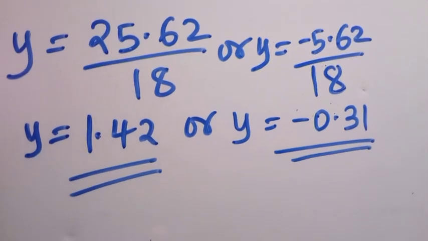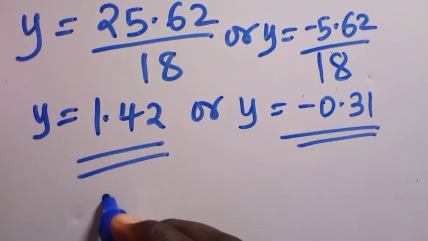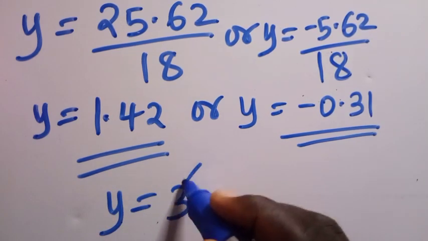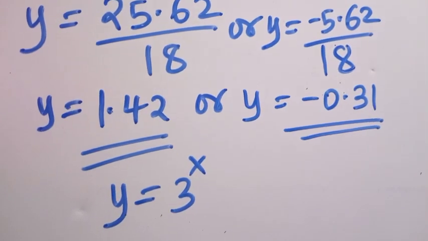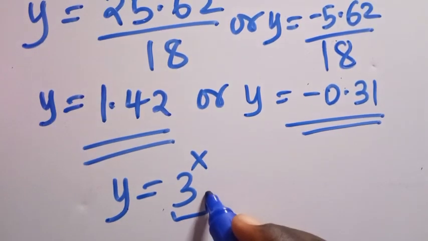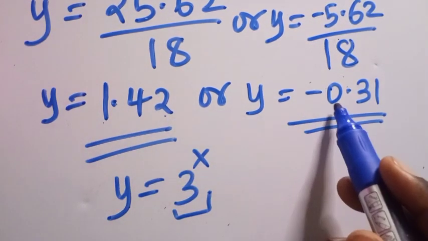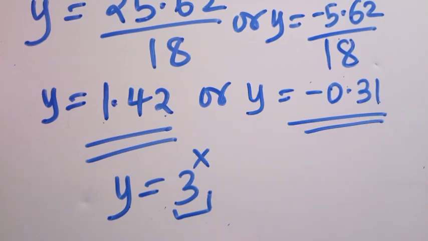Now, those are the two possible values of y. Now, we were substituting y with 3 raised to x. And that means our 3 raised to x is either 1.42 or negative 0.31.